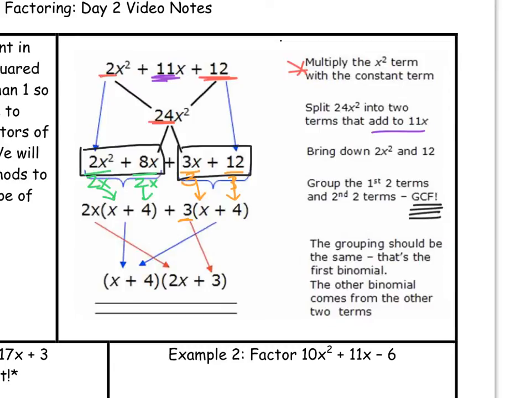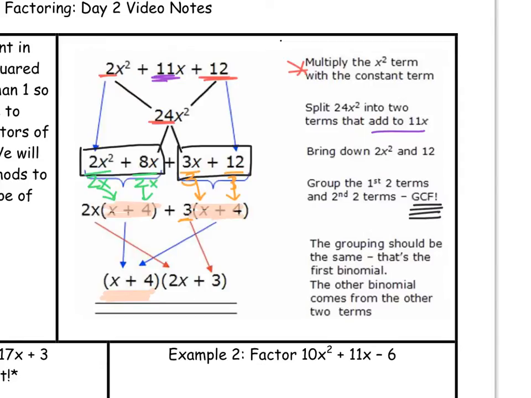And if you notice, what I end up with right here is an x plus 4 here, and an x plus 4 here. So I'm just going to bring that x plus 4 down right here, because what I did is I found one of my factors for the polynomial 2x squared plus 11x plus 12.